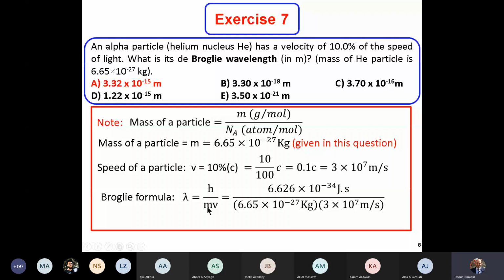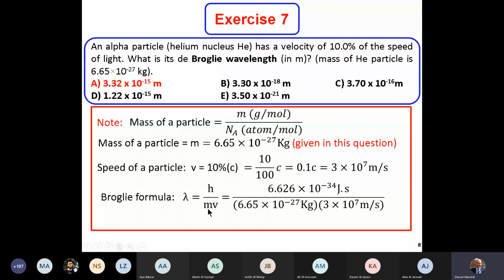h equals 6.626 times 10 to the minus 34, divided by the mass, which is given in the international system in kilogram. We put directly the value. The speed v is 10% of c, so it equals 10 over 100 c, equals 0.1 c, equals 3 times 10 to the power 7 meter per second.